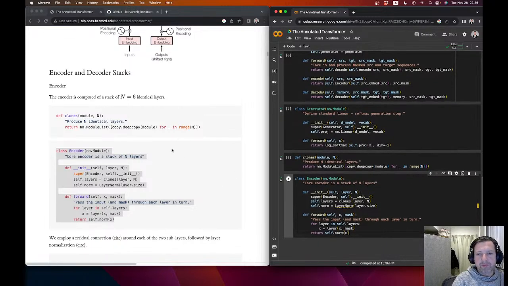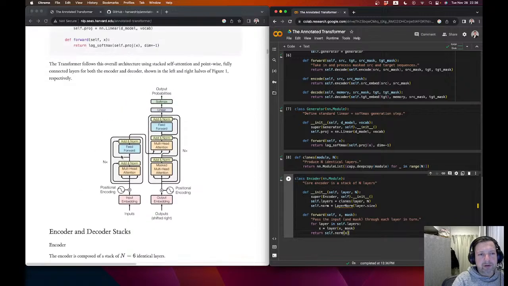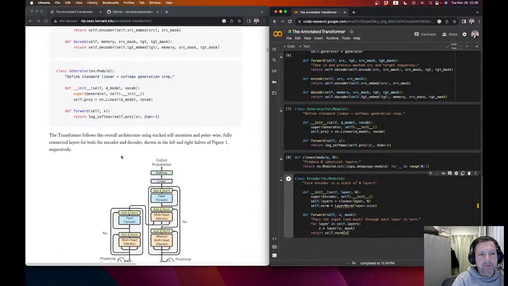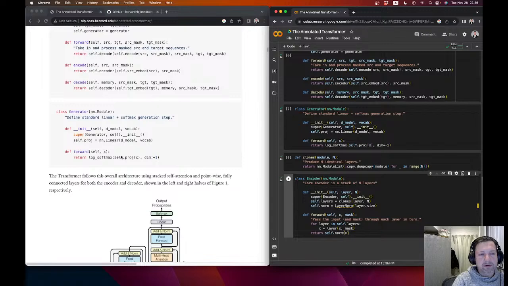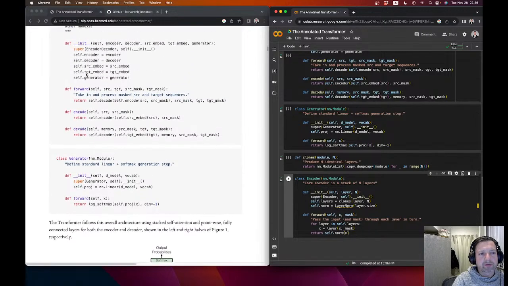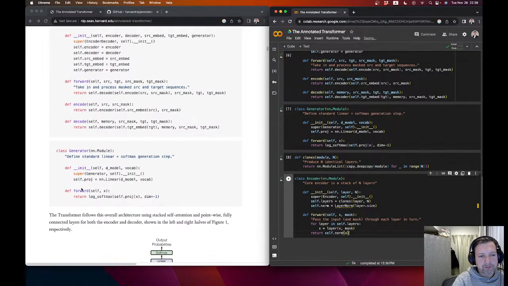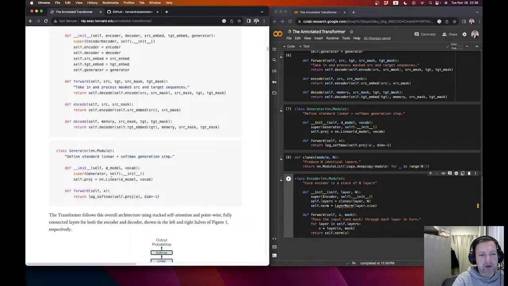So the only thing that has some logic other than just creating structure, as far as I can tell, is basically here, where this is just a linear network layer.